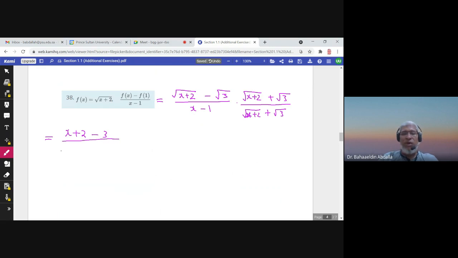And you multiply the two denominators. Now x plus 2 minus 3 is x minus 1. You can cancel x minus 1 with x minus 1, and the final answer would be 1 over square root of x plus 2 plus square root of 3.